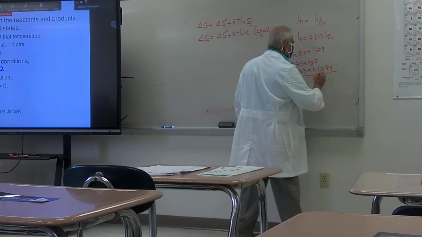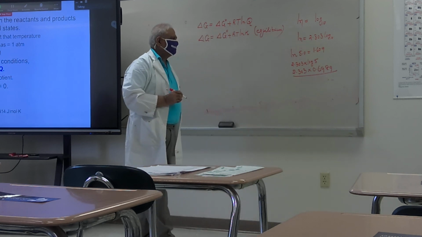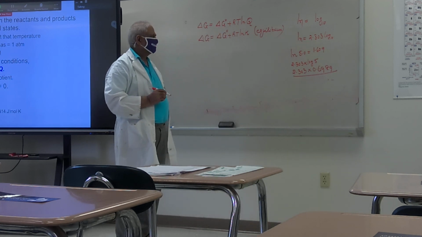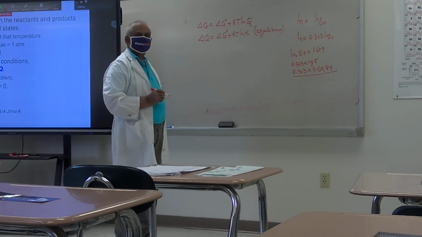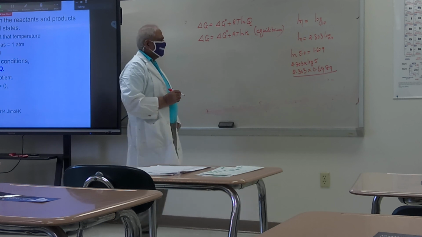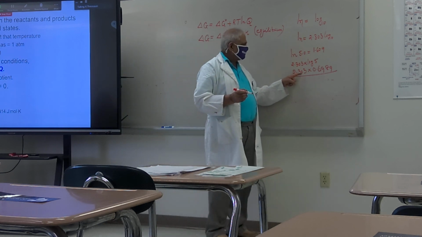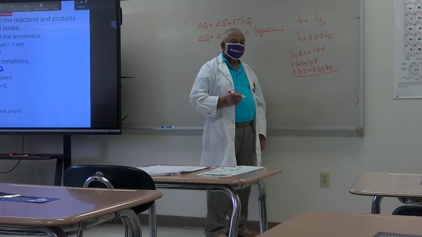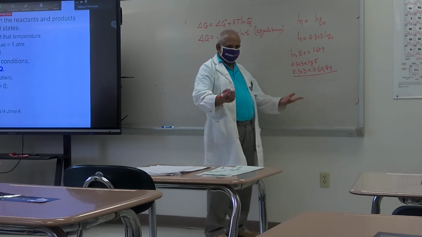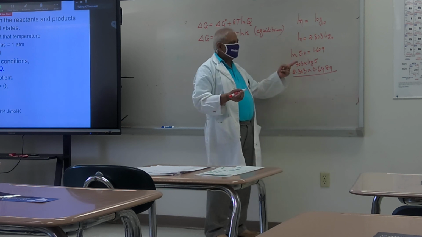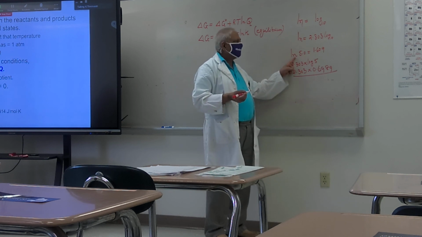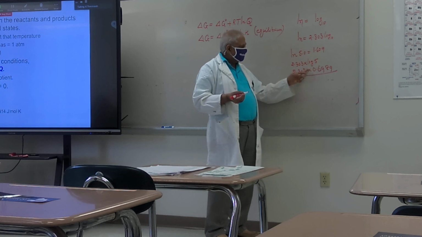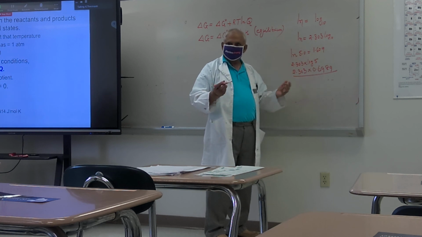Can you multiply these two? 2.303 times 0.6989, how much? 1.609, correct? That means whenever you want to convert natural log to log to the base 10, just multiply by 2.303.